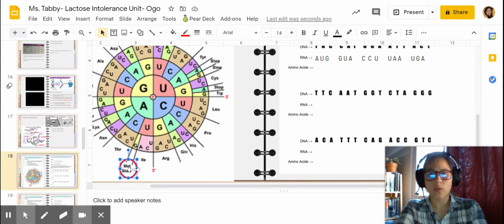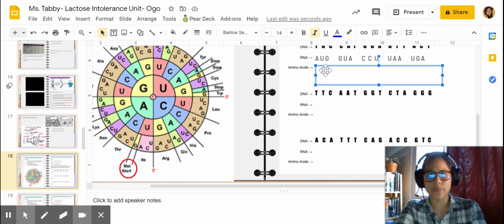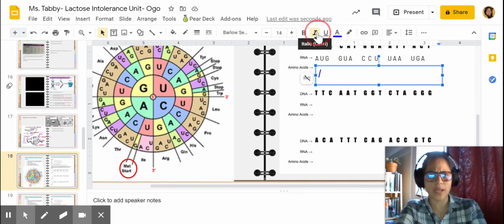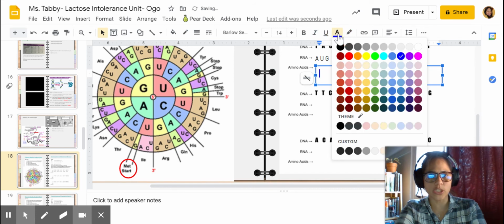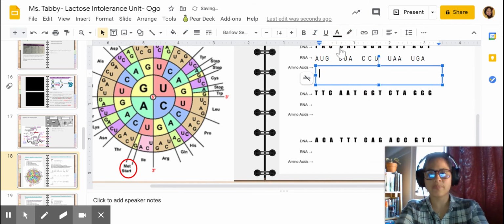So, met start. Met is actually the amino acid that we want to put here. AUG translates to MET.